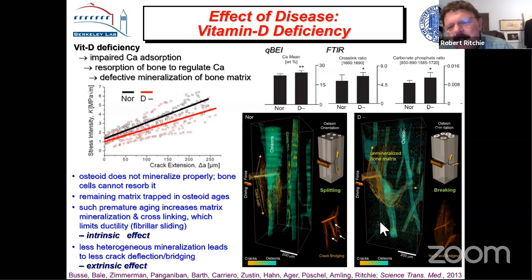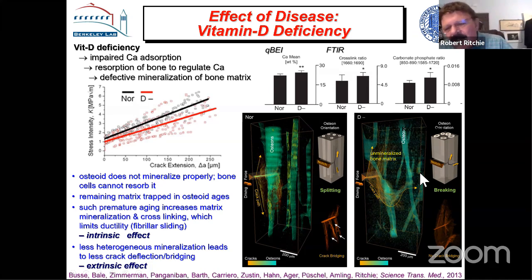And again, we believe that's because in normal bone, these osteonal interfaces are highly mineralized, which means they're a prime place for deflection. But in the diseased bone, there's far more mineral in the matrix and these unmineralized regions, so you don't get the same deflection.